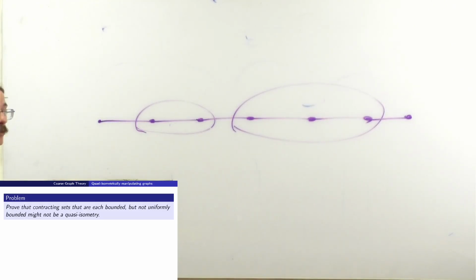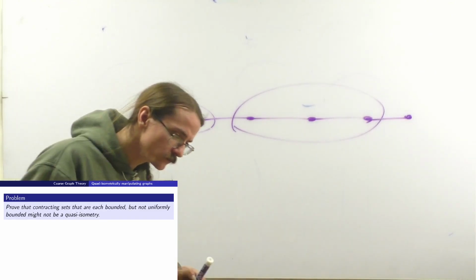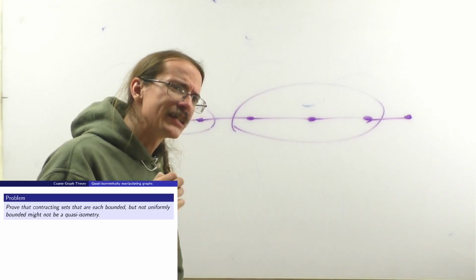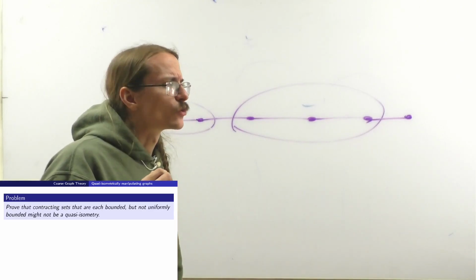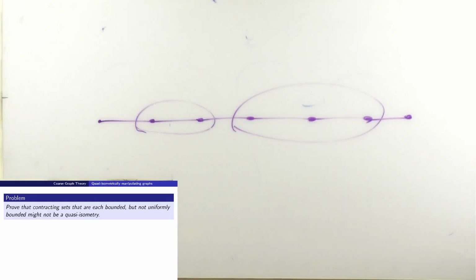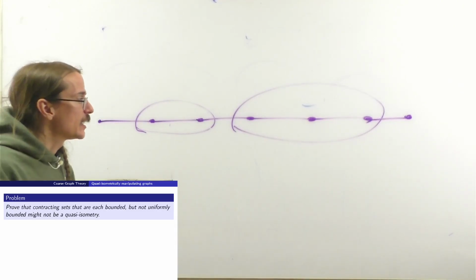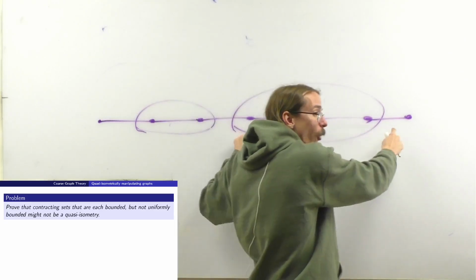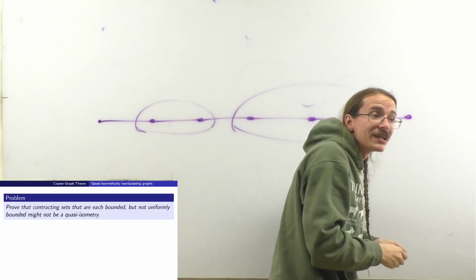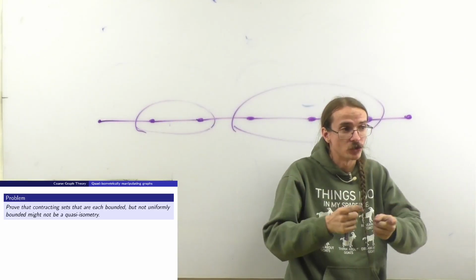Okay. So we want to prove that this is not a quasi-isometry. What that means is that there is no linear bound on my distortion here. So let's assume that there were a linear bound on the distortion. And what that would mean is that if I take 2 points that are far away from each other, they can't get too close.